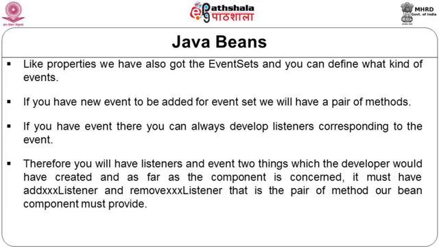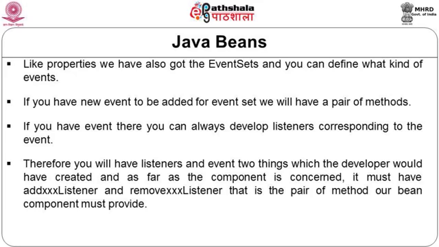Therefore, we would have listener and event, two things which the developer would have created, and as far as the Java bean component is concerned, it must have an add listener and a remove listener. That is the kind of pair of methods that our bean component must provide.